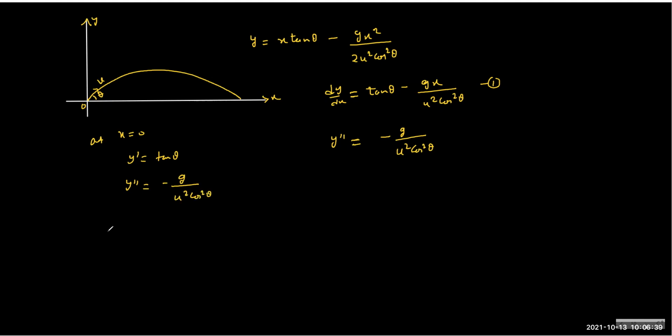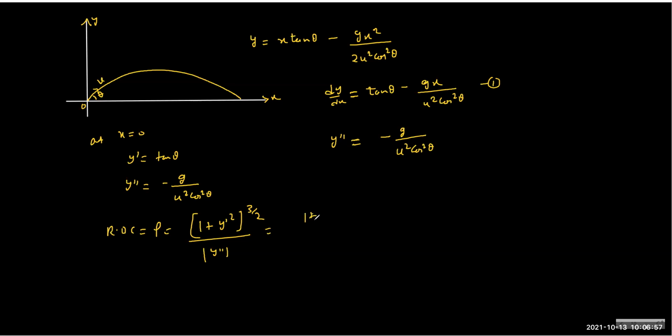So the ROC at x equals 0 will be 1 plus y dash square power 3 by 2 upon mod y double dash.